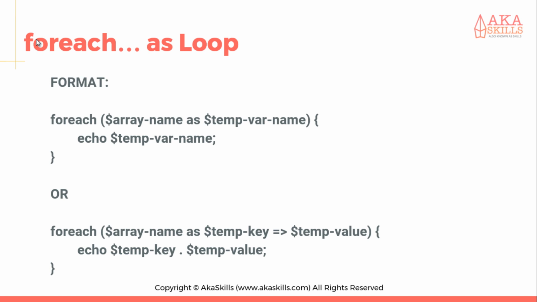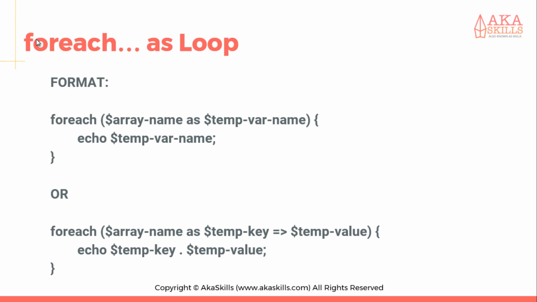One is going to hold the keys and the other one is going to hold the values within your associative array. Don't forget the equal to and the greater than. So within the curly brackets, you can then specify whatever it is you want to do with the temporary key and value that you have created.